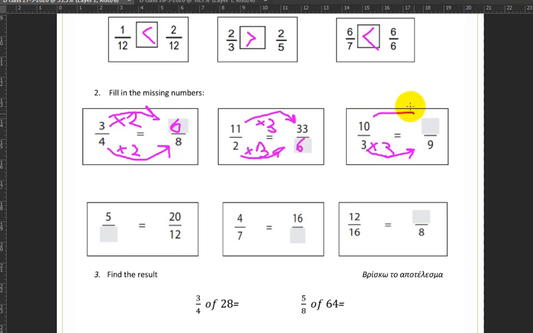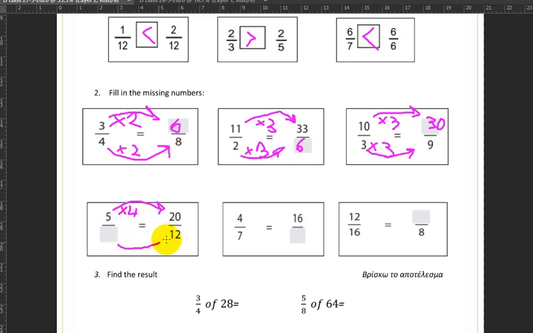We're going to do 10 times 3. 10 times 3 makes 30. Then we say 5 times 4 makes 20.